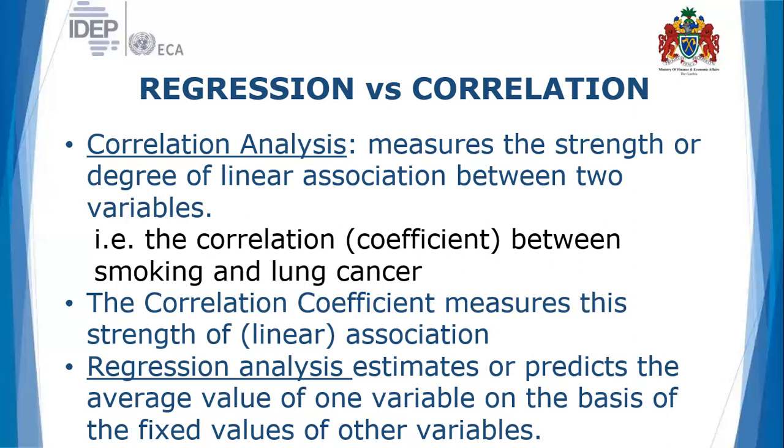So regression analysis helps us to make predictions, to estimate the average value of the dependent variable based on the given values of the independent or explanatory variables. While correlation will just show that these two variables are associated, they are moving together, either in the positive direction or in the negative direction. But do they cause each other, affect each other? Correlation analysis cannot do that.